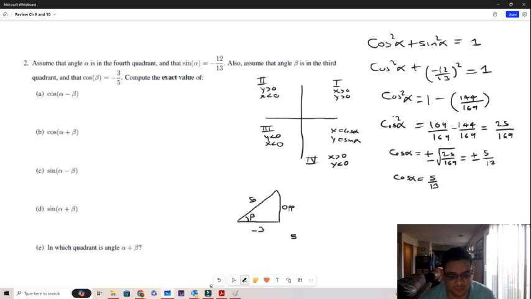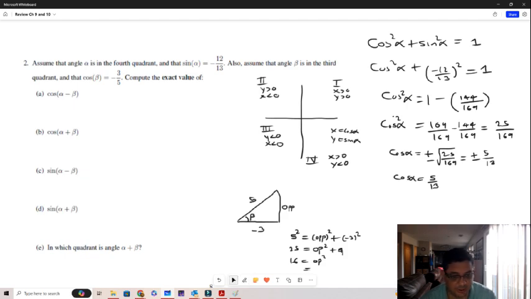So hypotenuse square, 5 square, is going to be equal to the opposite square plus (-3) square. So this is going to be 25 equals opposite square plus 9. I'm going to move this 9 to the other side, and so this is going to be 16. So the opposite square is going to be 16.